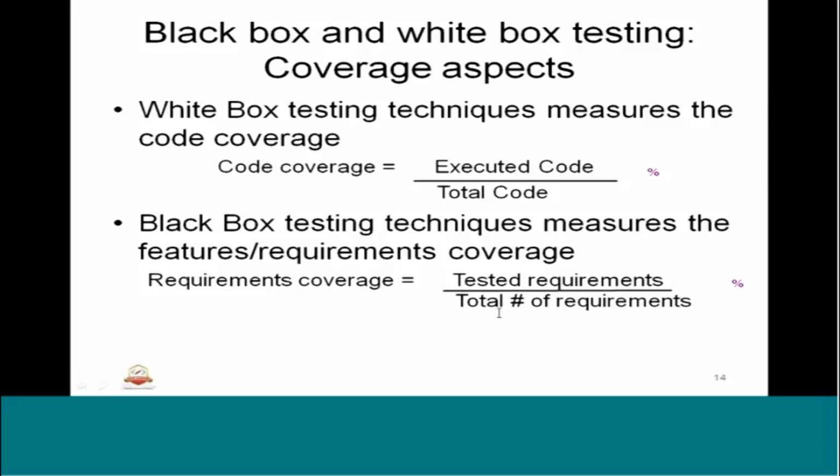Suppose, for example, we take both of them. There are 10,000 lines of code, that is the denominator, and we have covered, say, 7500 lines of code.